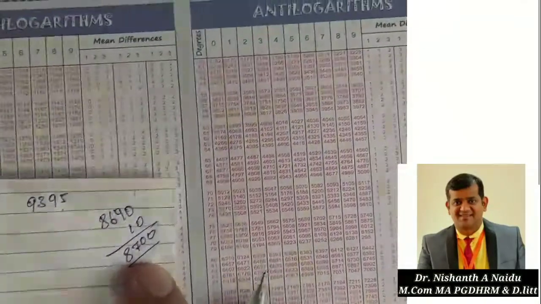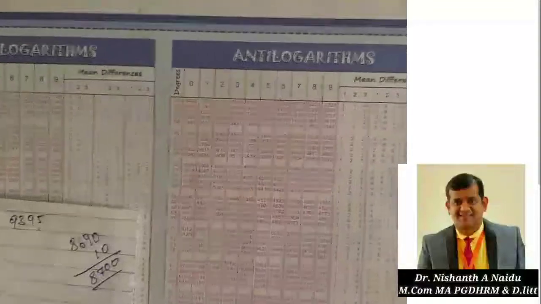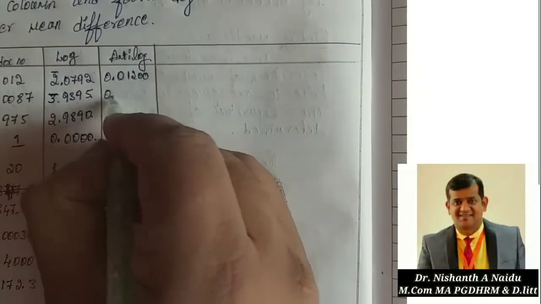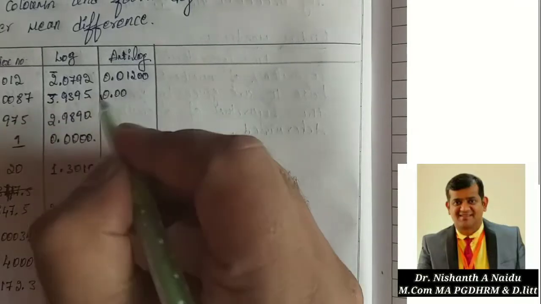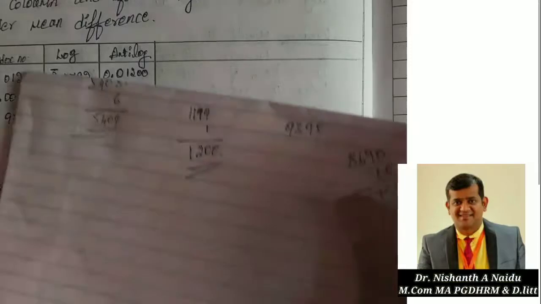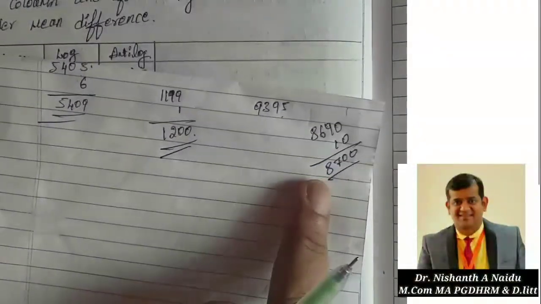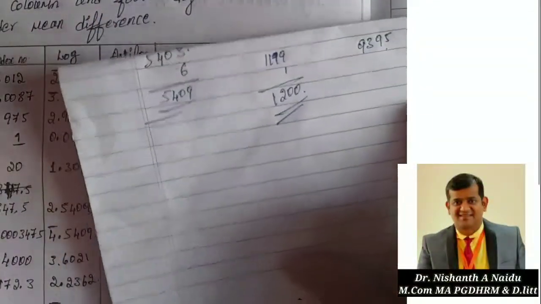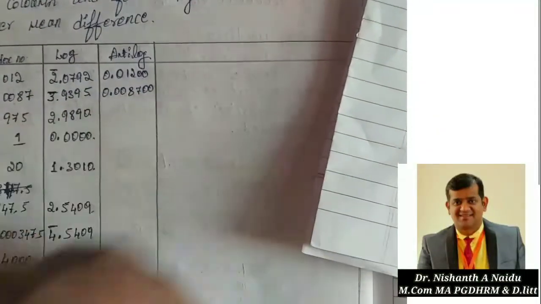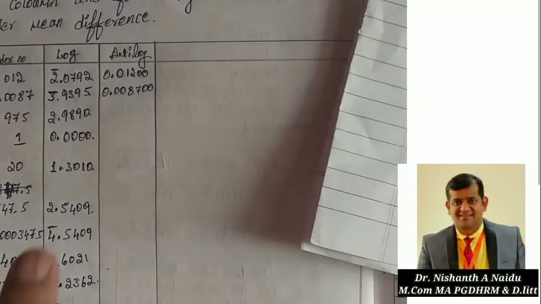So what is your answer for the anti-log here? 3 minus, that means 0.00. The answer you got is 8700. Correct? So I am going to write 8700 directly.